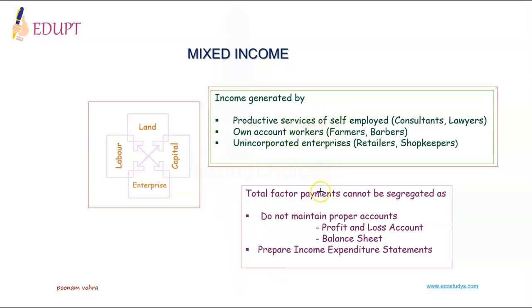So total factor payments cannot be segregated as they do not maintain proper accounts like profit and loss account or balance sheet. They simply prepare income expenditure statement. For example, income earned by consultants, lawyers, doctors, CAs having their own practice.